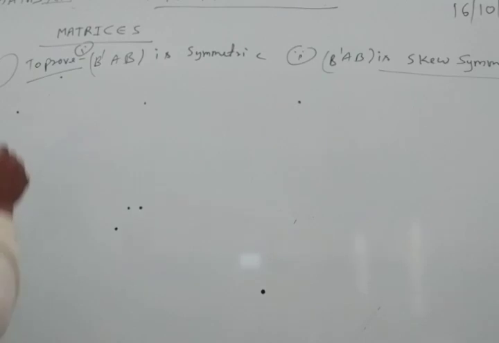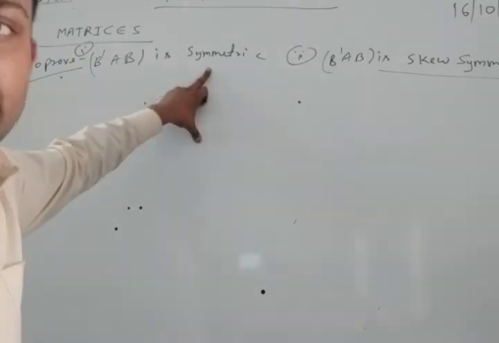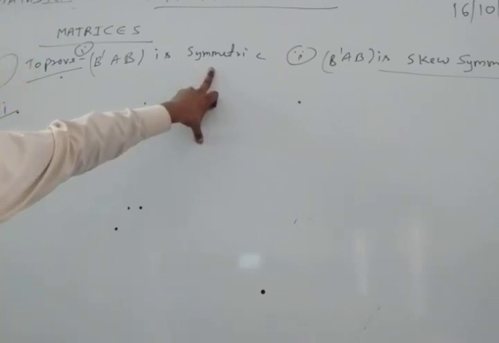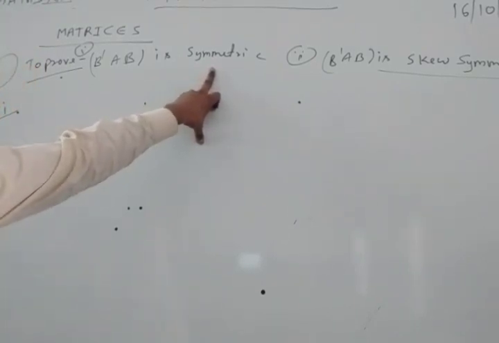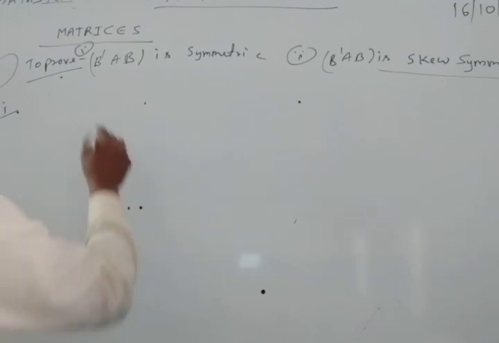So first we have to prove that this matrix is symmetric according as A is symmetric.